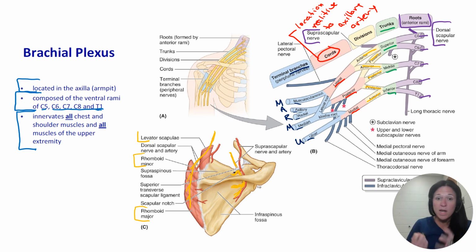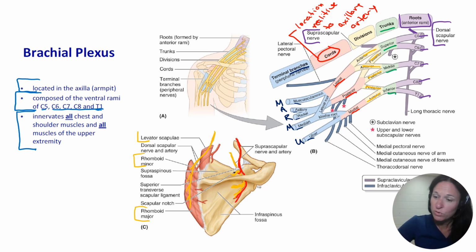And this is running with the suprascapular artery. So recall that the suprascapular artery goes over the transverse scapular ligament, right? The navy goes under, the army goes over. Nerve under, army over, artery over, nerve under. Okay, so we have the suprascapular nerve and artery.